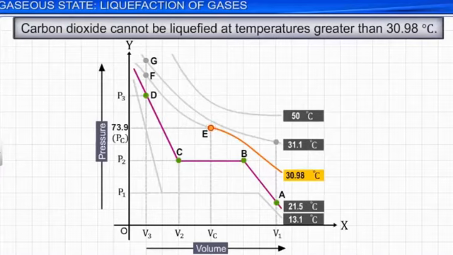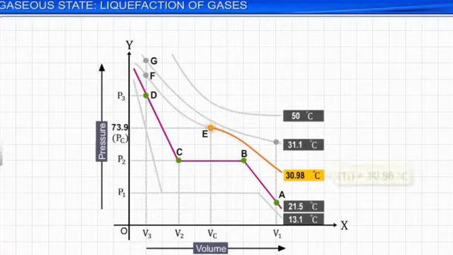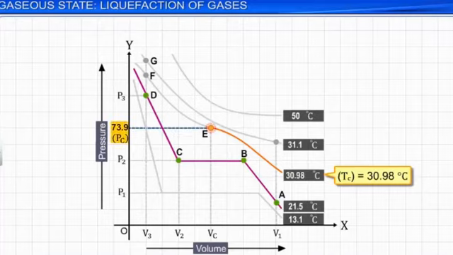So the critical temperature of carbon dioxide was found to be 30.98 degrees Celsius, while the critical pressure, Pc, is 73.9 atmospheric pressure, and the critical volume is 95.6 milliliters.